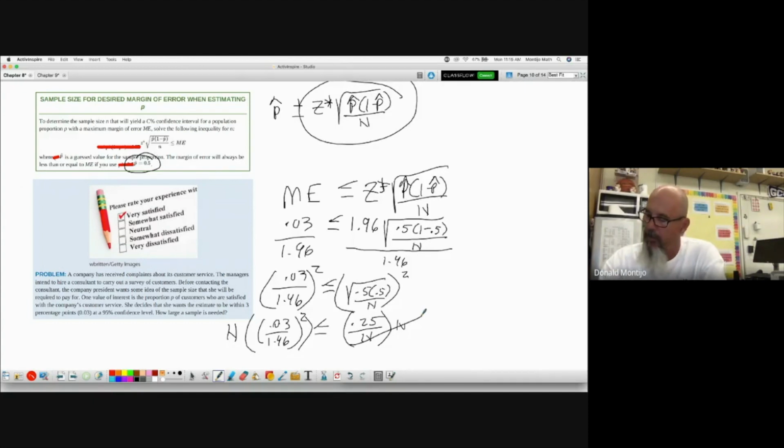So now I have n times 0.03 divided by 1.96 quantity squared is less than or equal to 0.25. But I want n by itself, so I'm going to divide both sides by 0.03 over 1.96 quantity squared.